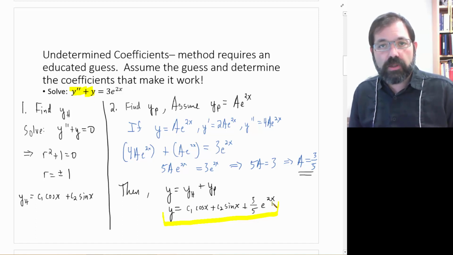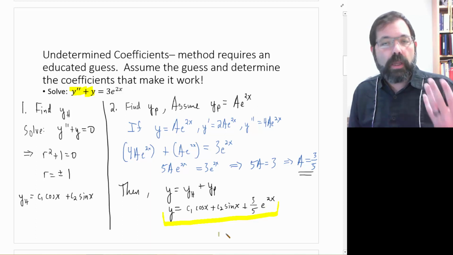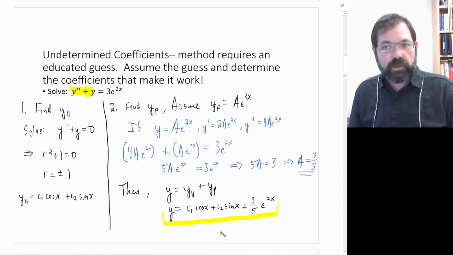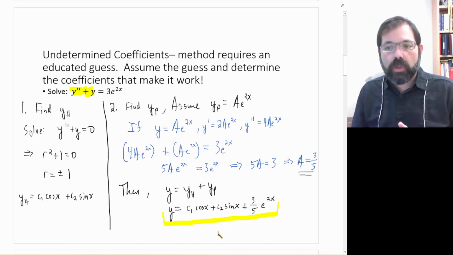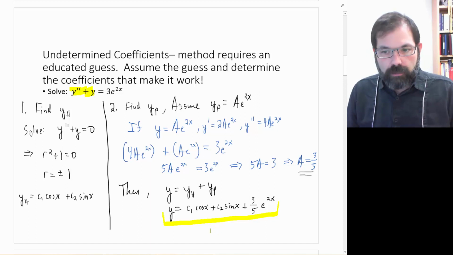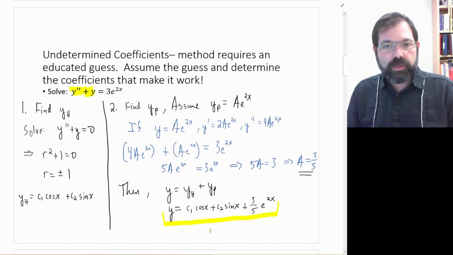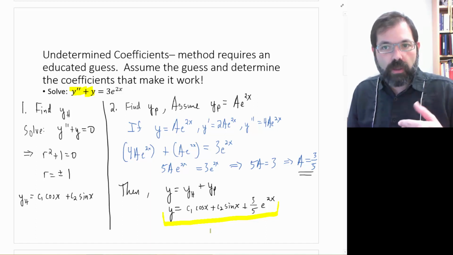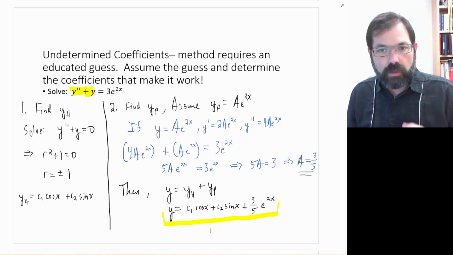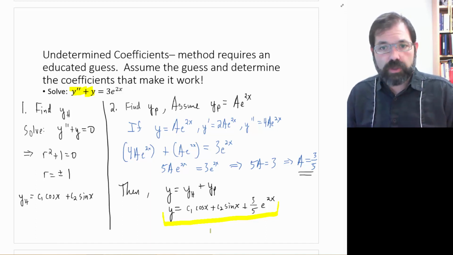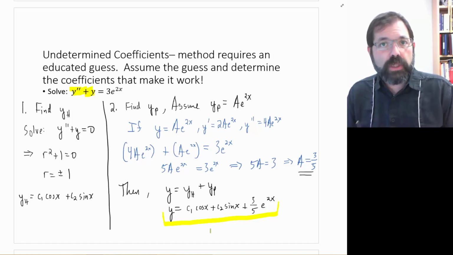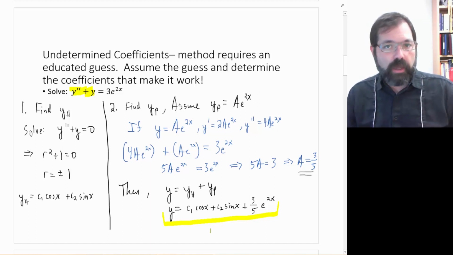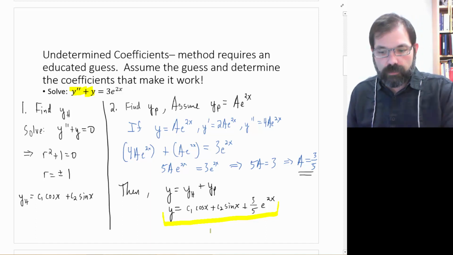Then substituting the 3/5 e to the 2x in and adding it to its second derivative, that will end up giving me the 3e to the 2x. So this is the general process for solving non-homogeneous equations. We have to find the homogeneous solution and the particular solution, and then we add them together.